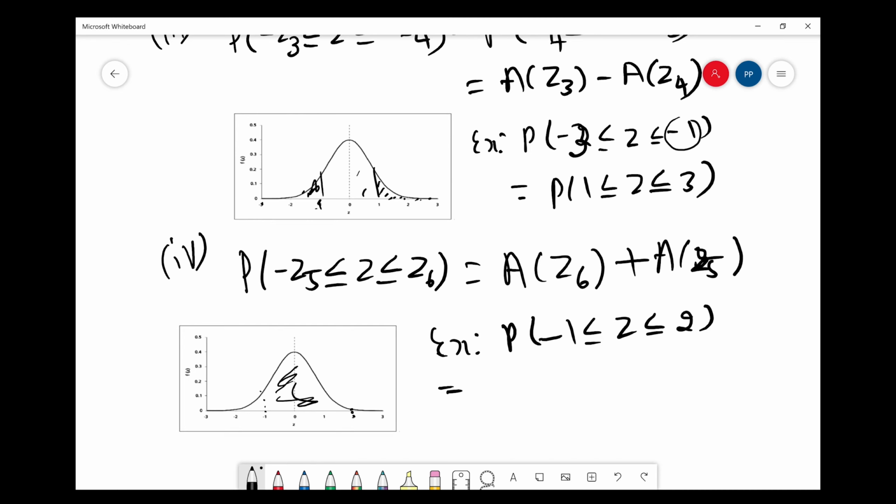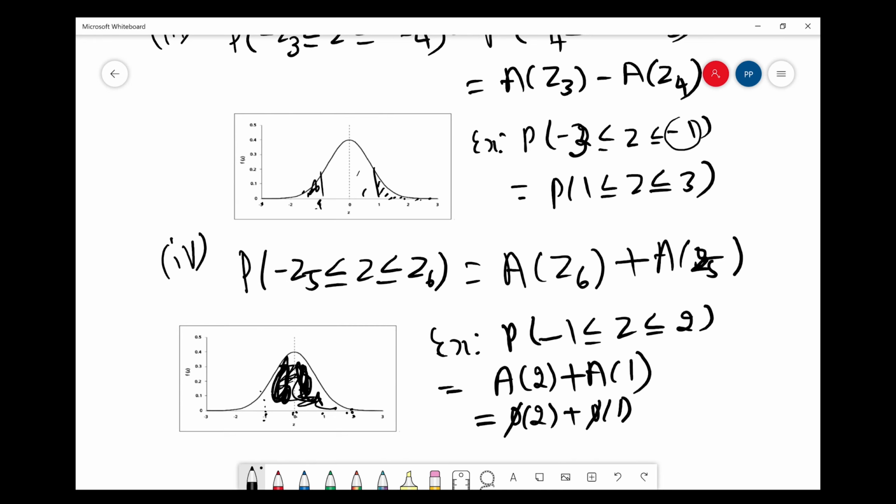So this complete area we want. We can split it as this portion from minus 1 to 0, then 0 to 2. Minus 1 to 0 is the same as 0 to 1, that is nothing but A of 1, and 0 to 2 is A of 2. Therefore, this can be written as A of 2 or phi of 2 plus A of 1, which in the other notation is phi of 2 plus phi of 1.